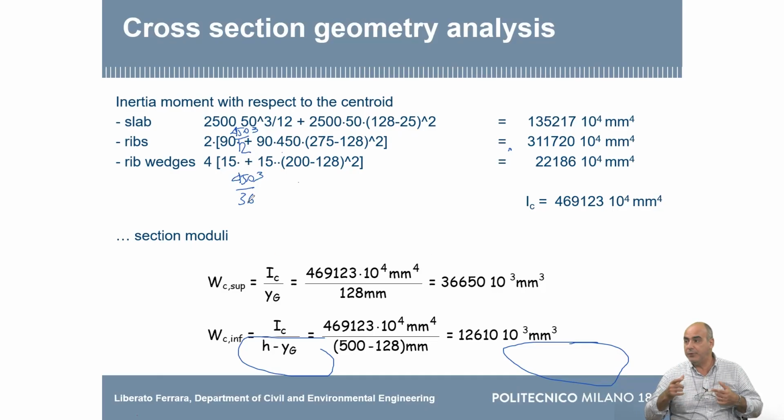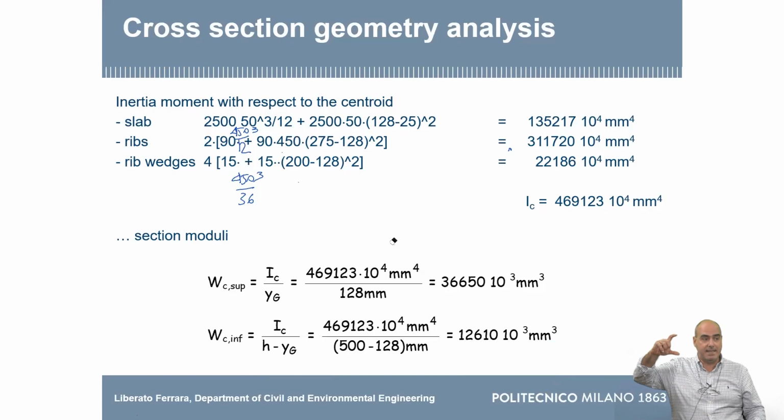So that is the reason for which we need to know where the centroid of the cross section is. So you end up calculating this moment of inertia. And if you divide the moment of inertia by the distance from the centroid to the top, you get the upper flexural modulus. By the distance from the bottom, you get the lower flexural modulus.